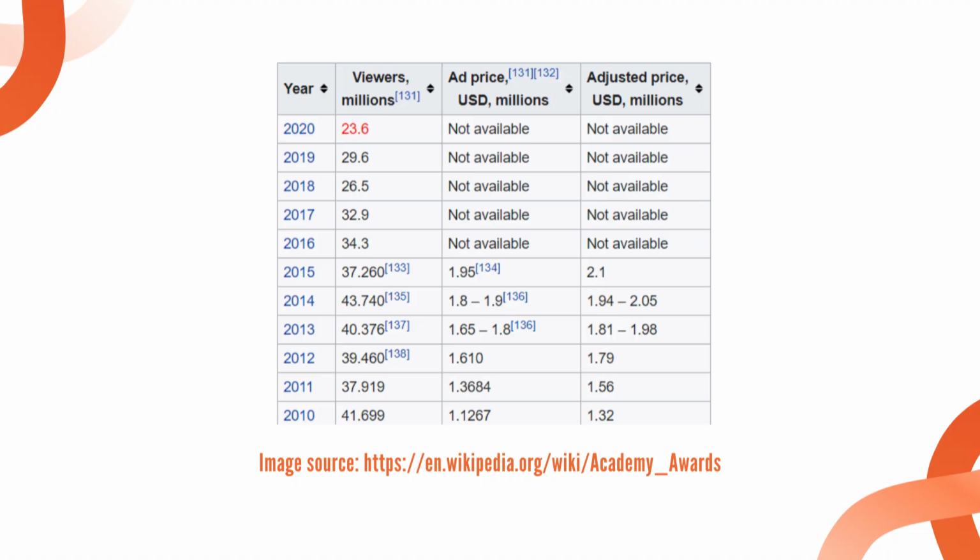For each year, you have structured information that I can read. So for 2020, I can see the number of viewers in millions, the prices and the adjusted prices, and I can see that for every year in a very easy to read format.